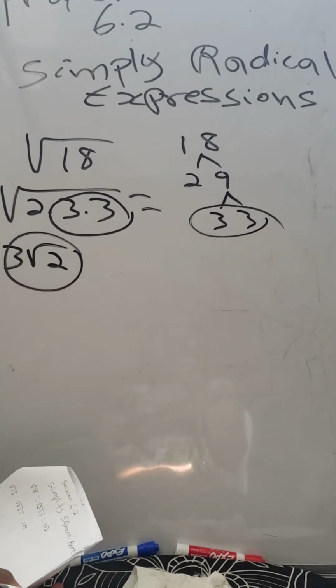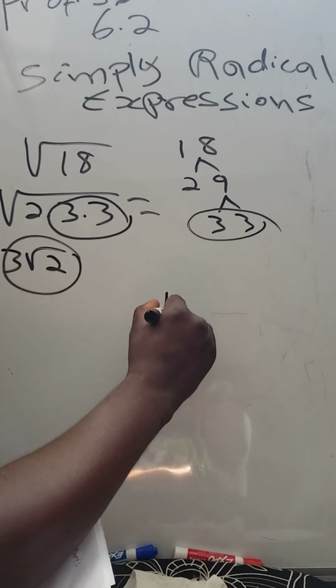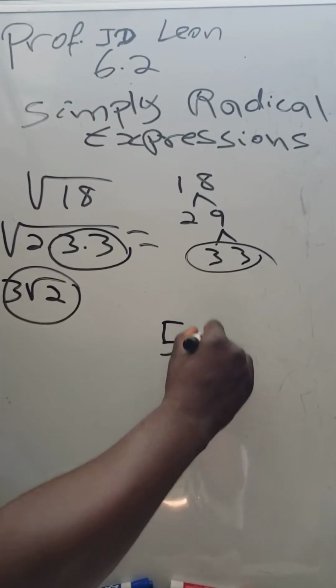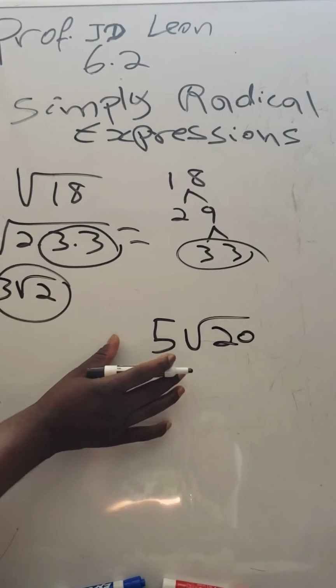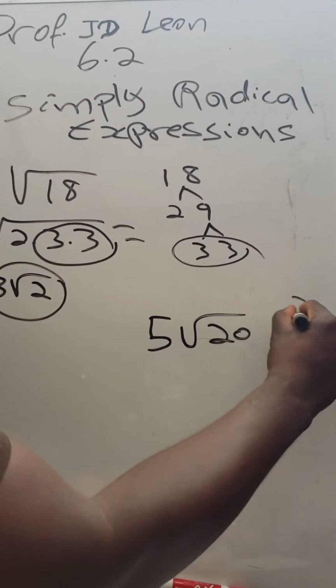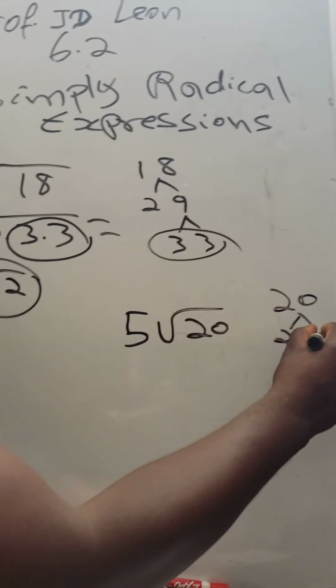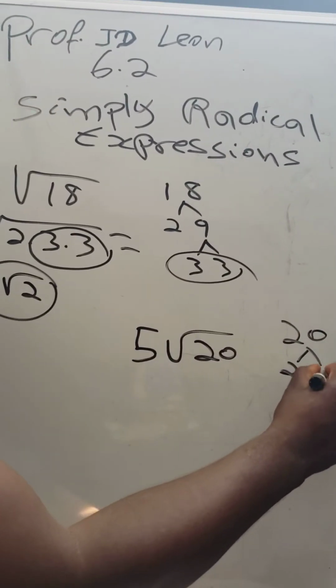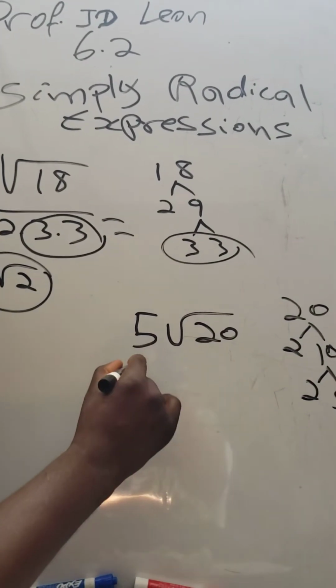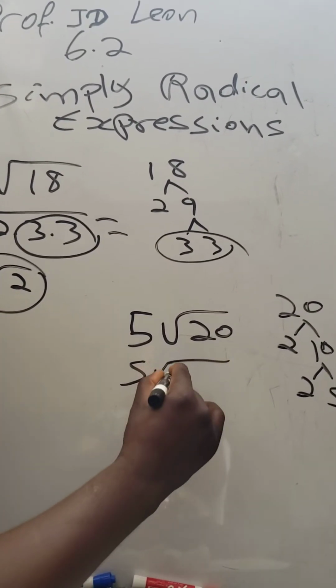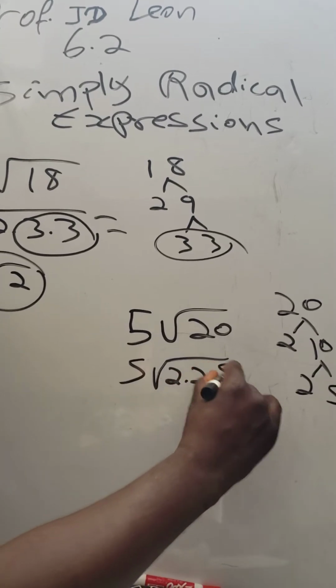Let's simplify now 5 square root of 20, for example. The 5 is fine the way it is right now. We just have to break down the 20, dividing it by 2, that would be 10. Divide 10 by 2, that would be 5. Which is the same thing as saying 5 square root of 2 times 2 times 5.